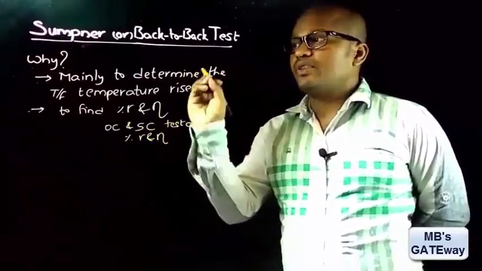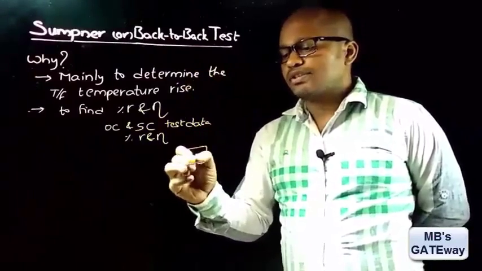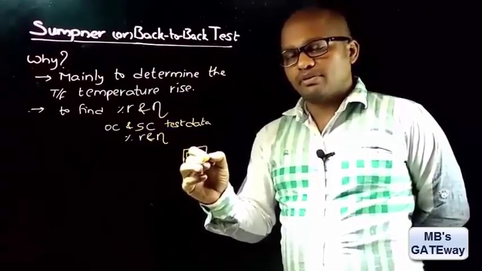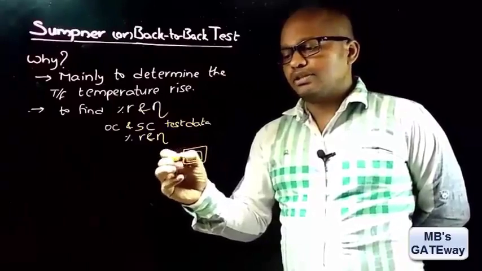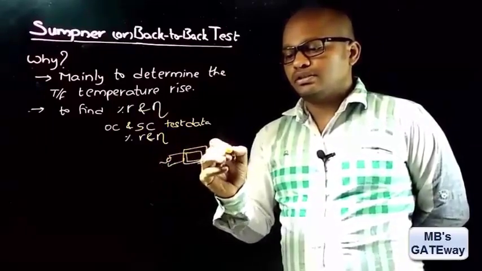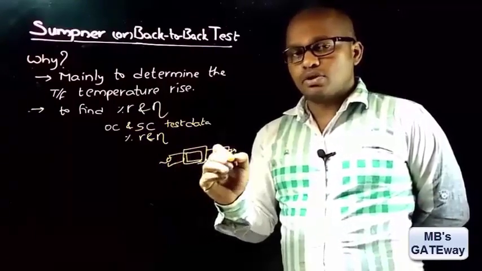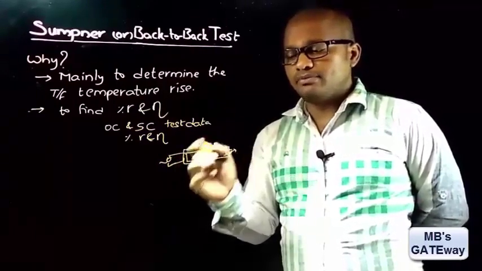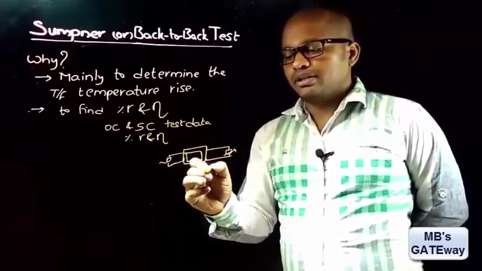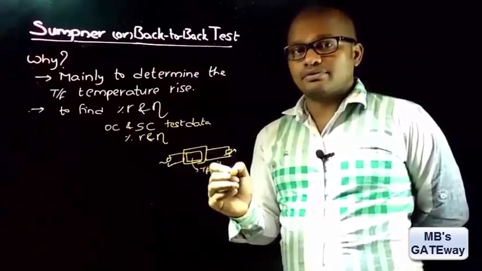The other reason to use Sumpner's test is this: in the case of a small size transformer, to find the performance you apply the input and connect the desired load, and by loading this small transformer for a particular period of time and collecting the transformer oil, you can check the temperature rise.